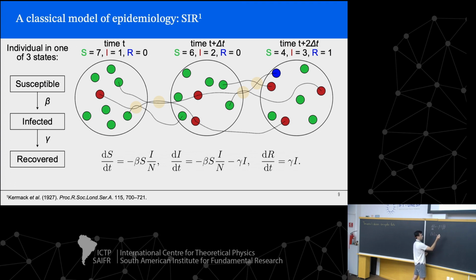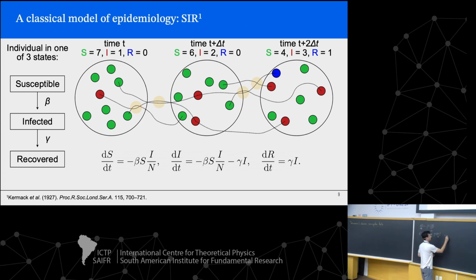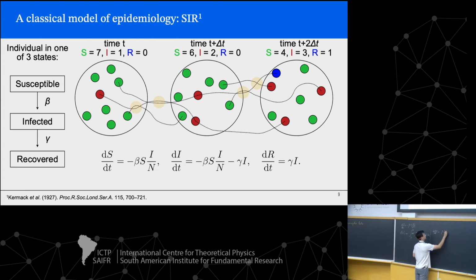And this function is formally defined as the integral between 0 and time t, dt prime, beta I of t prime over N. Or if you don't like integrals, another way to define this function is to say that its derivative is equal to beta I of t over N, and that at time 0, it's equal to 0. Two ways of writing the same thing.